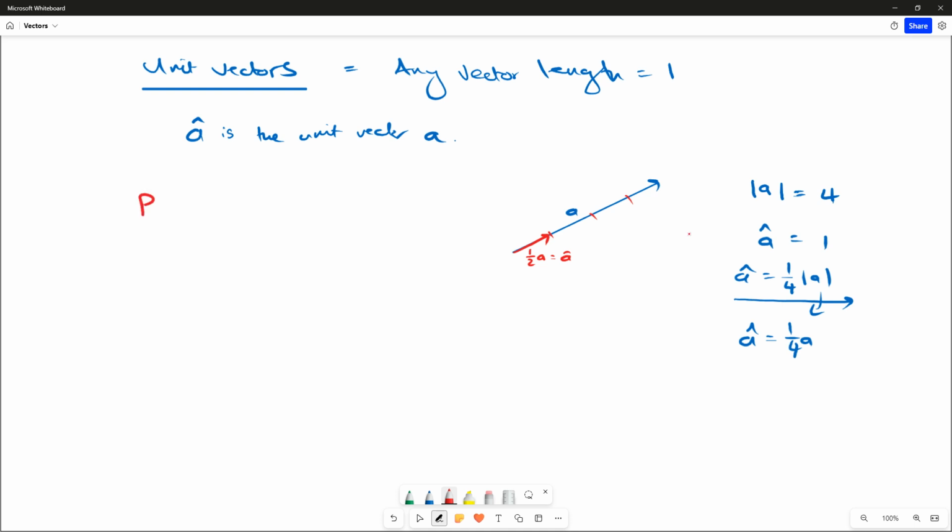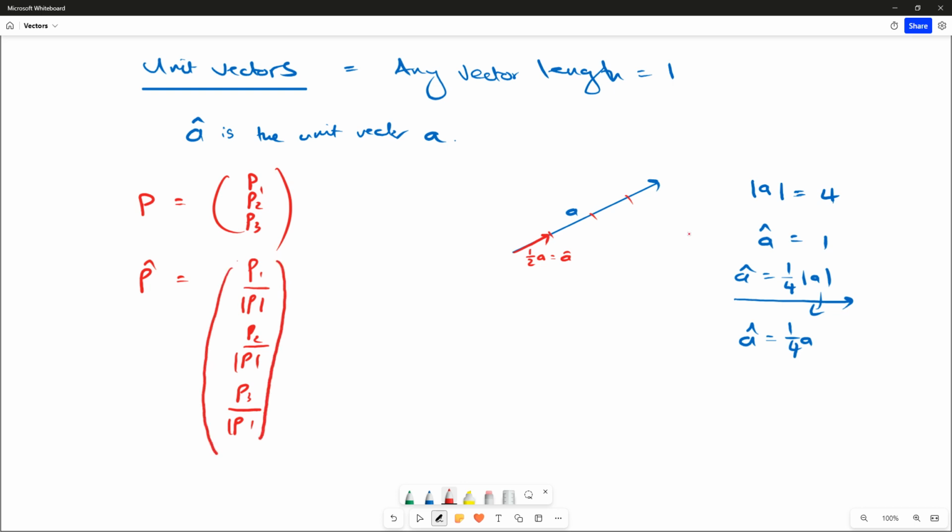So if I have a vector in 3D, which is given as P1, P2, and P3, then the corresponding unit vector is going to be equal to a fraction of it: P1 divided by the magnitude of P, P2 divided by the magnitude of P, and P3 divided by the magnitude of P. And all of this is a vector. I can just write it all in one big column vector, x, y, and z.